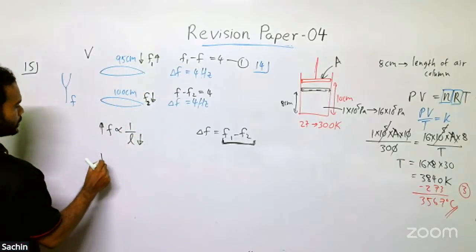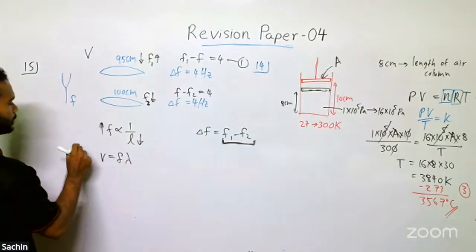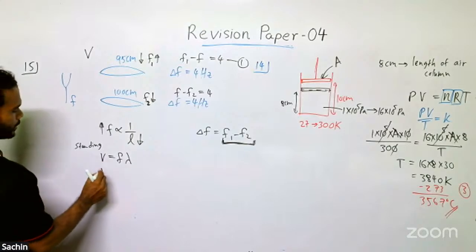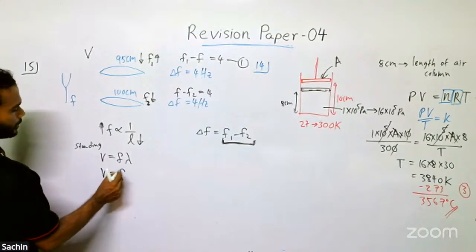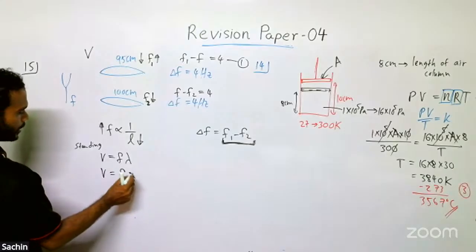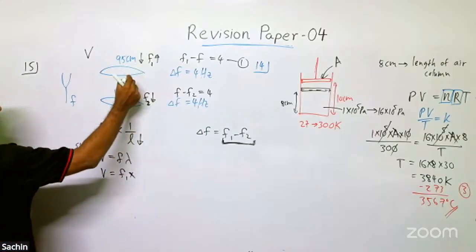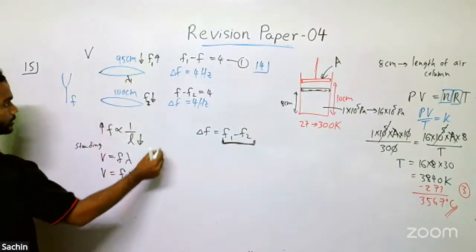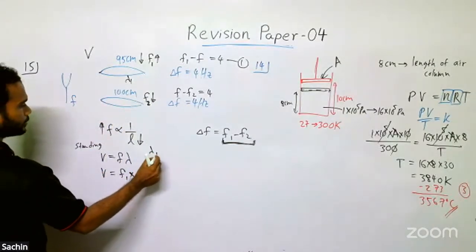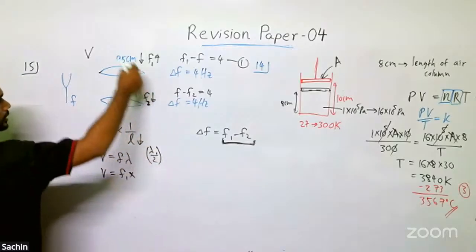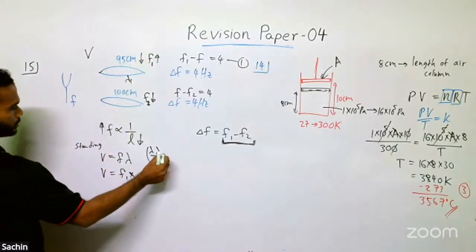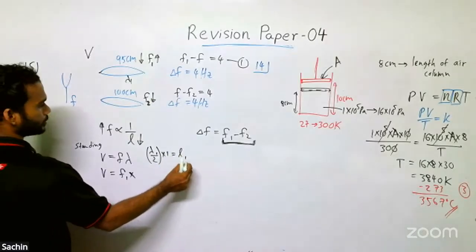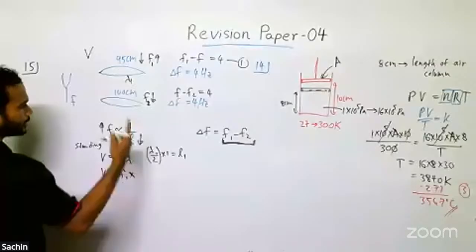For the standing wave, v equals f lambda, where the velocity is v. The frequency f1 is v over lambda 1. If lambda 1 over 2 is the length of one loop, then lambda 1 over 2 into 1 should be equal to L1, that is 95 centimeter.